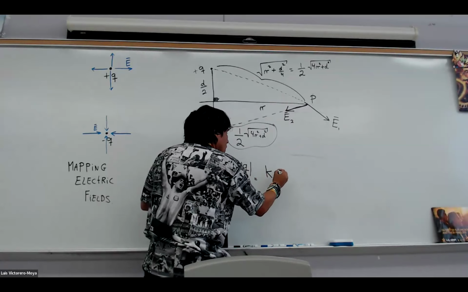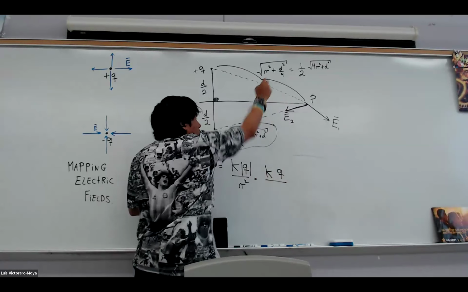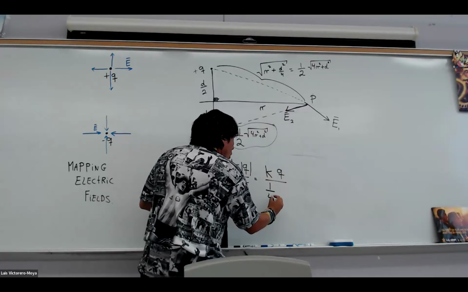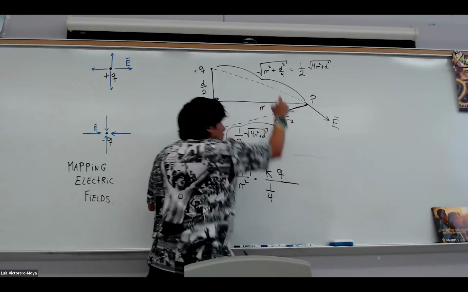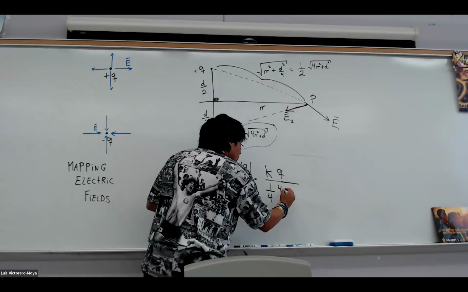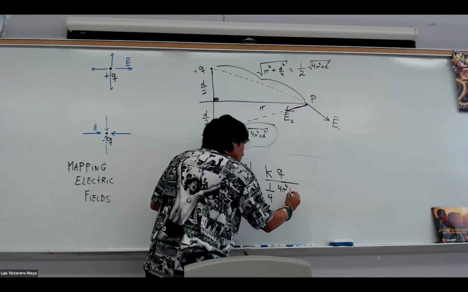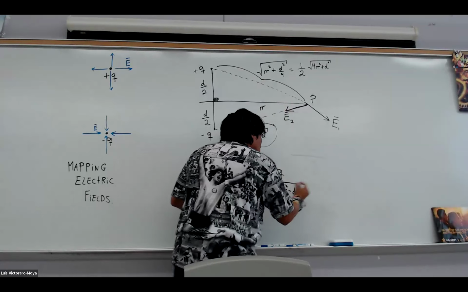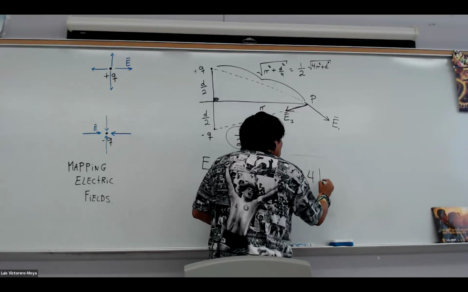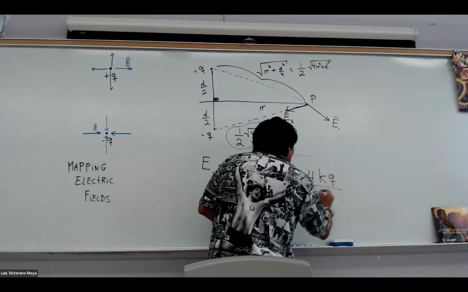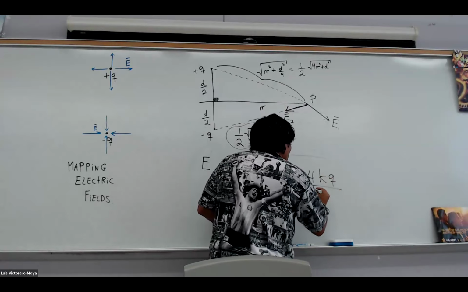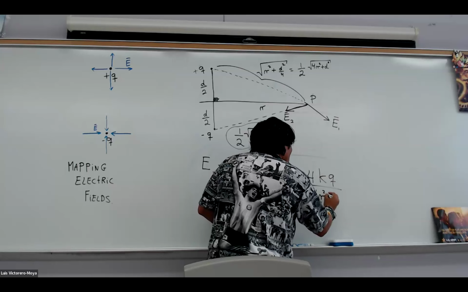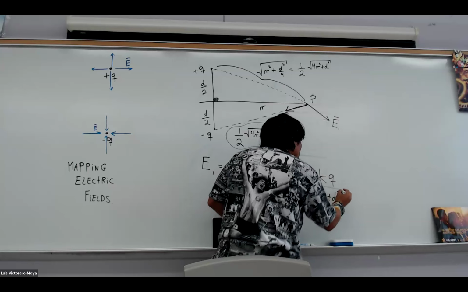So k, Q, what's the distance squared? I'm squaring it, and the square of the square root of 4R squared plus D squared over 2 gives 1/4, which basically is 4kQ over 4R squared plus D squared. So that's basically E1.